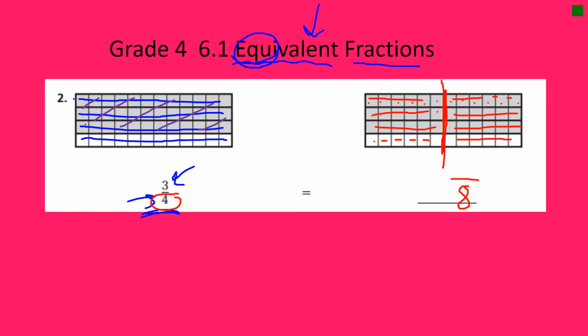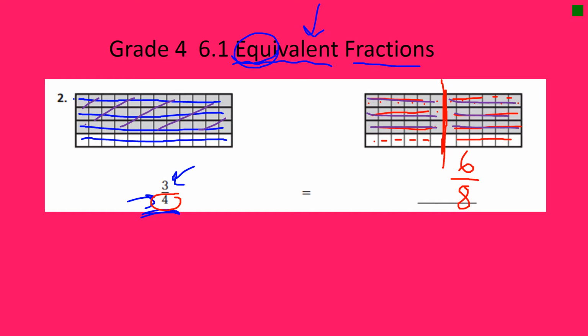So how many of these are shaded? 1, 2, 3, 4, 5, 6. So 6 out of the 8 rows are shaded.